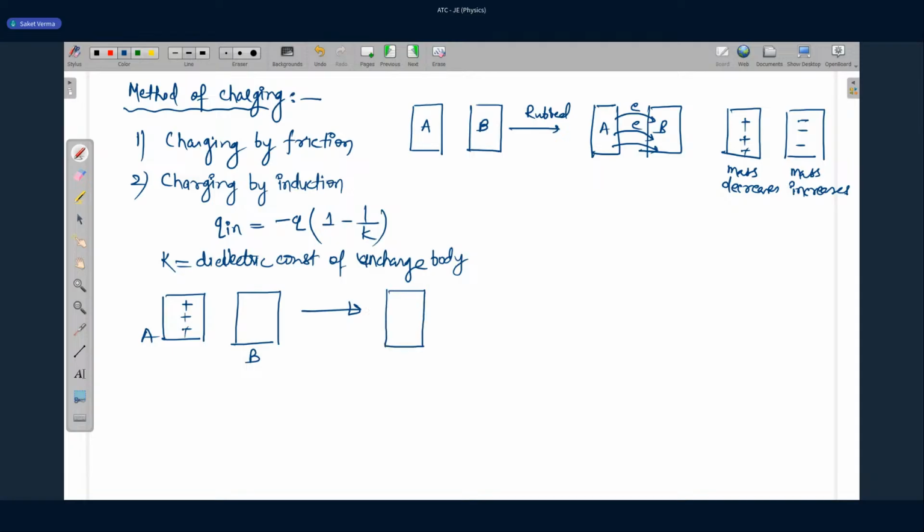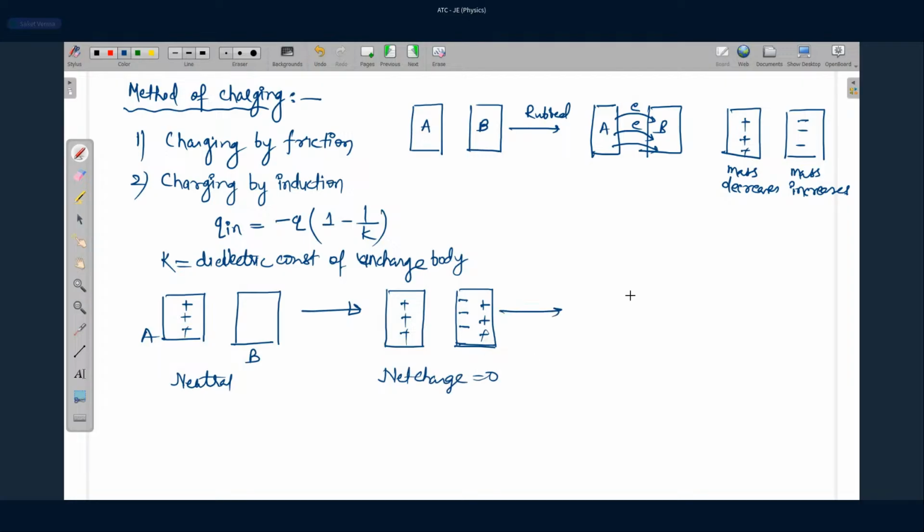A will remain positive, and the surface of B which is near to it will have the opposite charge, so minus and plus. The net charge should be 0. Here also it is neutral, and the net charge is 0.